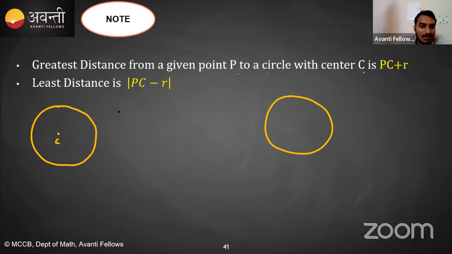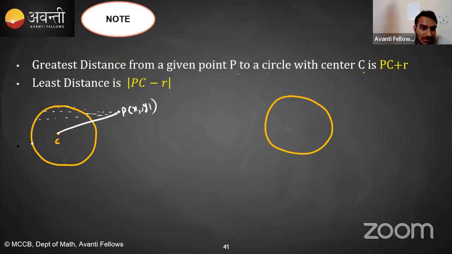Let's say point P is here. Point P is x1 comma y1. If I ask you what is the greatest distance of this point from the circle, see, all these points on the circle, the distance of each point from P is like this. So the maximum distance will come with the point just opposite, this point.